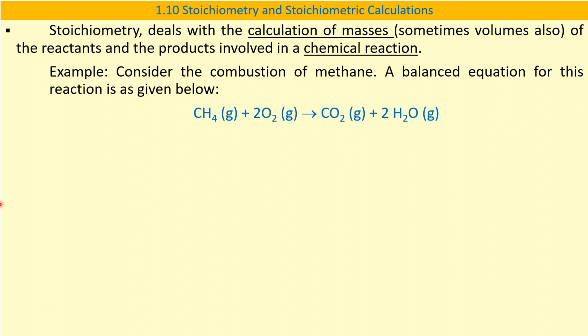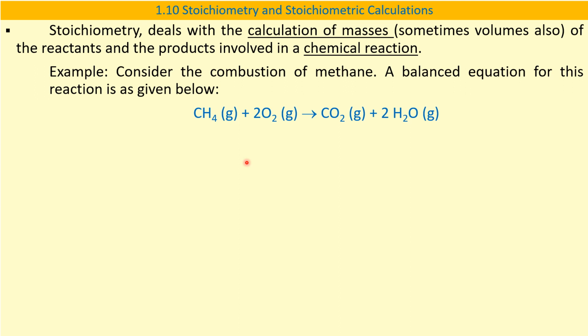So in this reaction all are gases, and this is indicated by the letter g in the brackets next to the formula. In case of solids or liquids, we can use the letter s for solid and l for liquid.